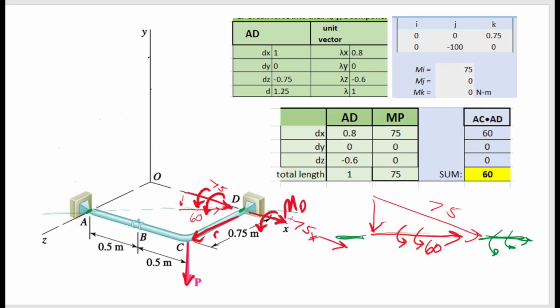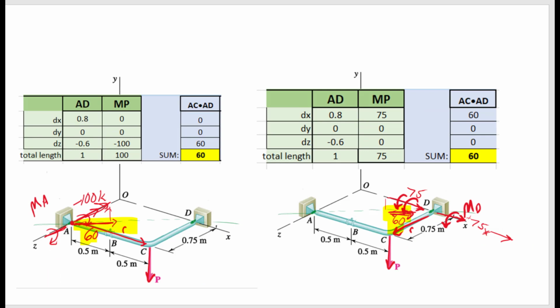It's the same magnitude. So for these problems, it doesn't matter where you start taking the moment around. Starting from A or starting from D, I just have to go from some point anywhere along the axis that we're interested in, any point will do, from that axis of rotation to where that force is applied.